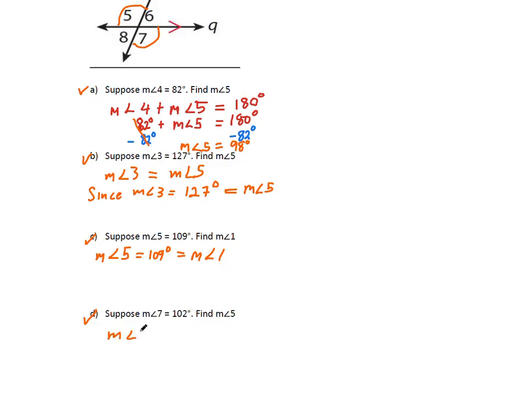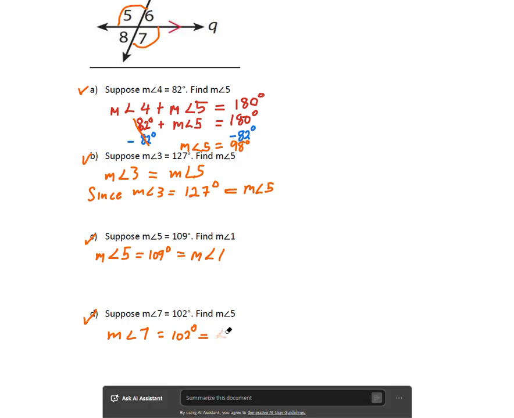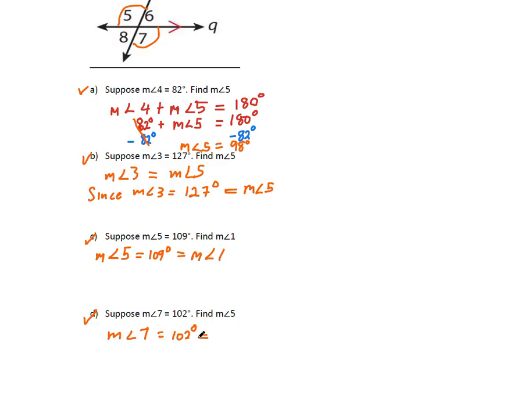The measurement of angle 7 is equal to 102 degrees. So if indeed the measurement of angle 7 is 102 degrees, then that would also be equal to the measurement of angle 5, which would be also 102 degrees. And this is because, again, the two angles are vertical angles. So let's look at this.